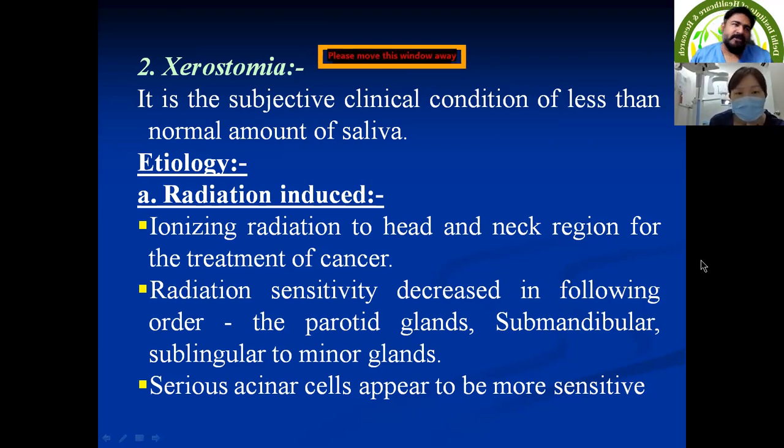Patients who are undergoing radiation therapy after cancer therapy are more susceptible to this. It is ionizing radiation to the head and neck region for treatment of cancer. Radiation sensitivity decreases in the following order: the parotid gland, submandibular, sublingual, to minor glands. Then serous acinar cells appear to be more sensitive in this.